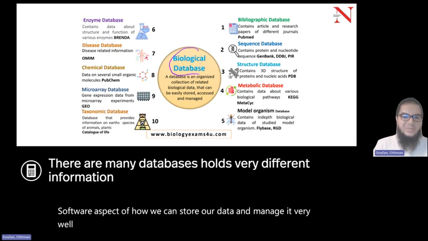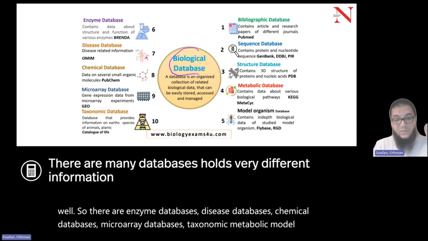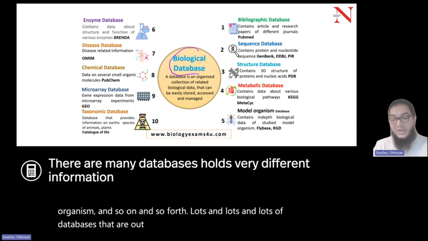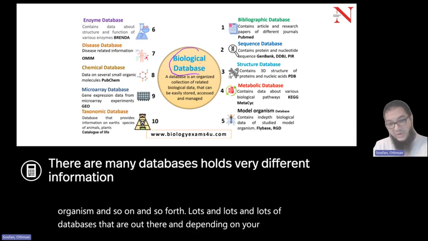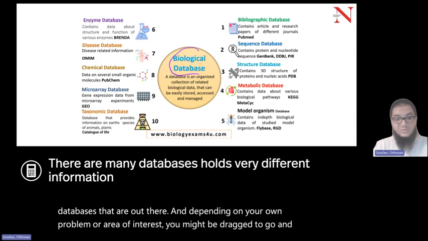So there are enzyme databases, disease databases, chemical databases, microarray databases, taxonomic, metabolic, model organism, and so on and so forth. Lots and lots and lots of databases that are out there. And depending on your own problem or area of interest, you might be dragged to go and query more about specific databases.